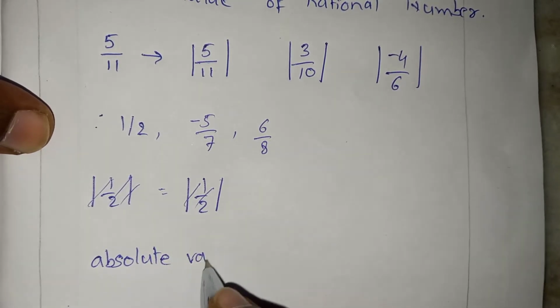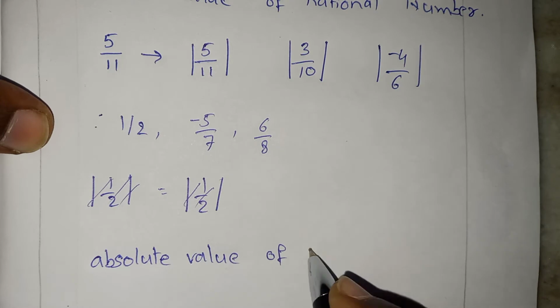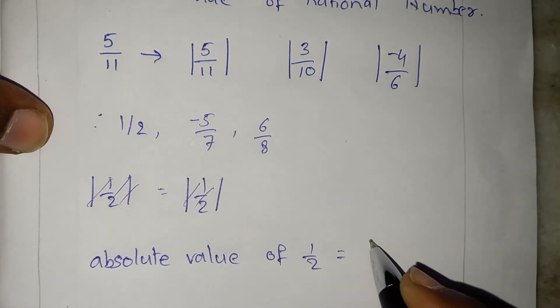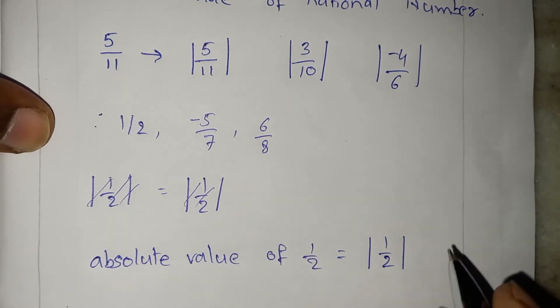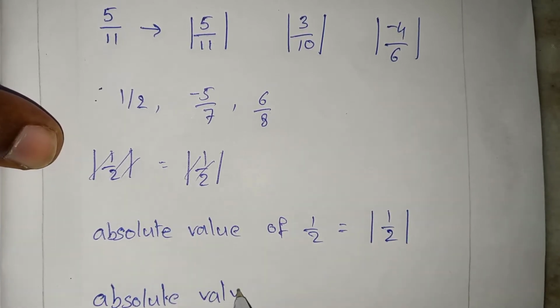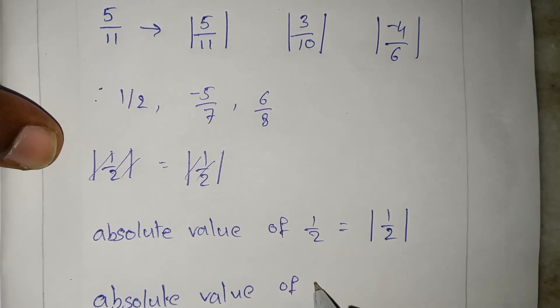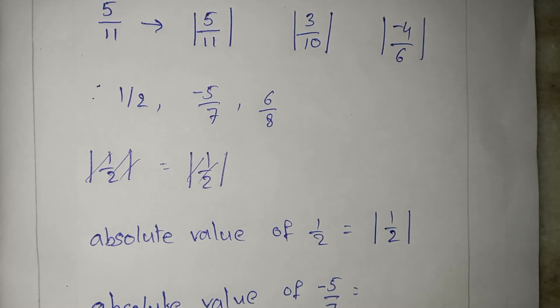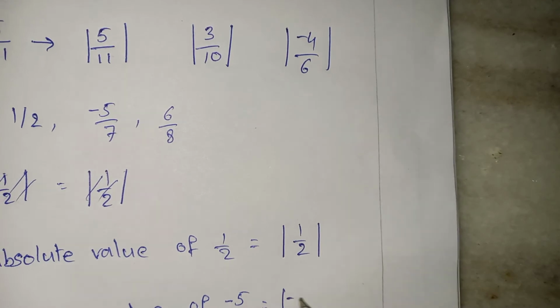Absolute value of 1 by 2 is equal to 1 by 2. You have to write like this. Absolute value of minus 5 by 7 is equal to 5 by 7.